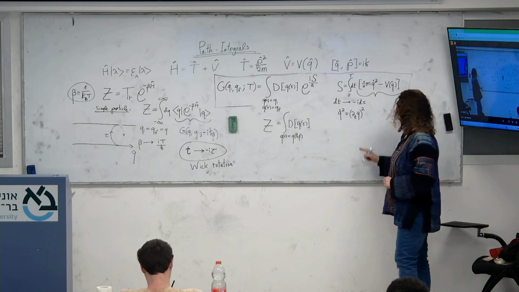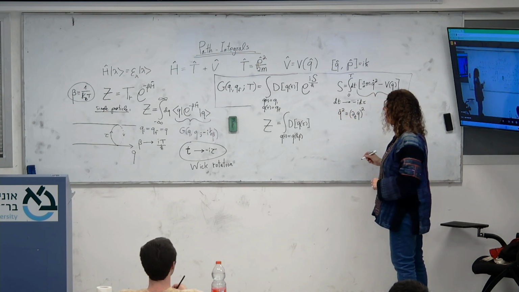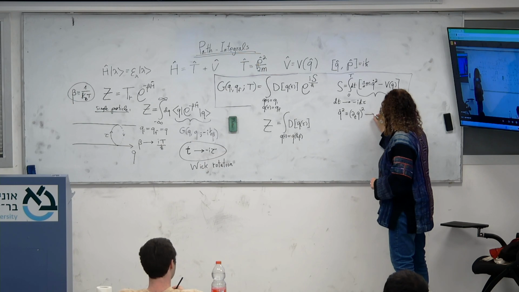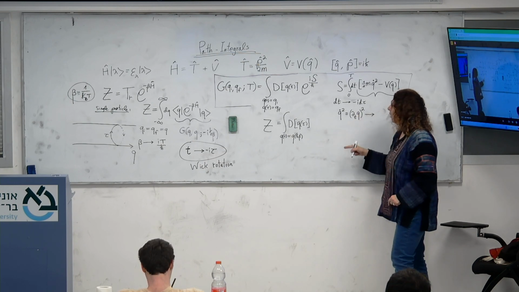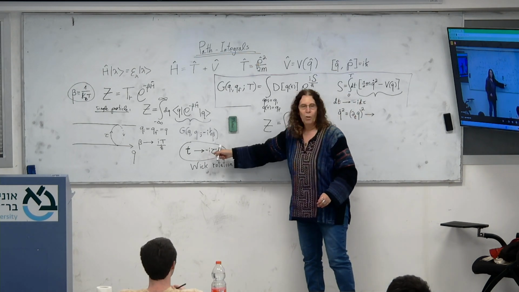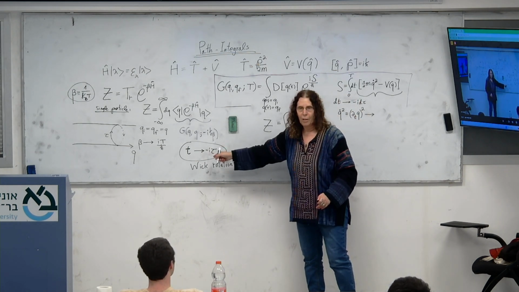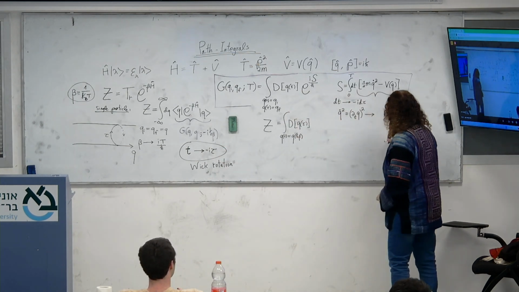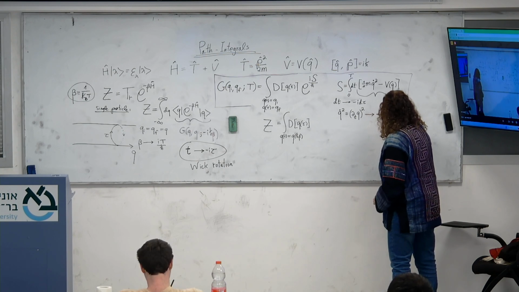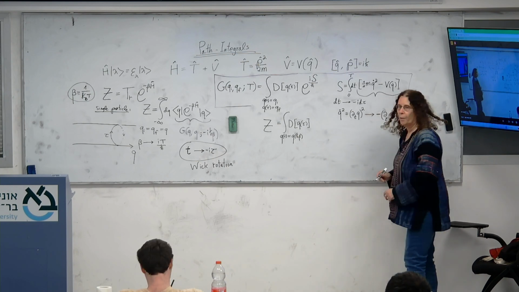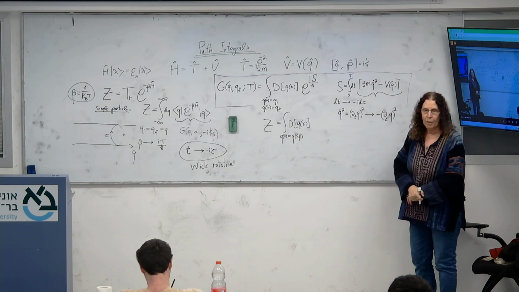If we change variables from t to minus i tau, there's a 1 over minus i for each power of t, right? So it maps to minus the derivative with respect to tau squared, right?